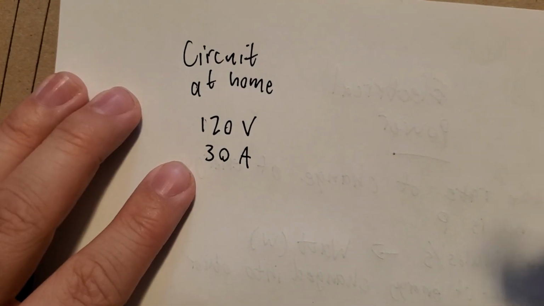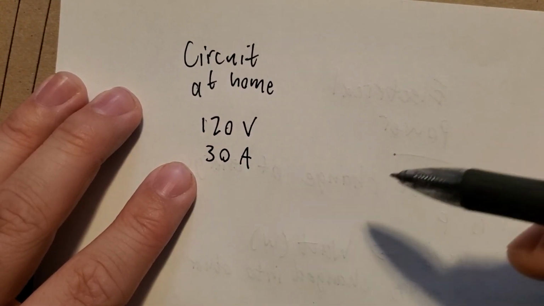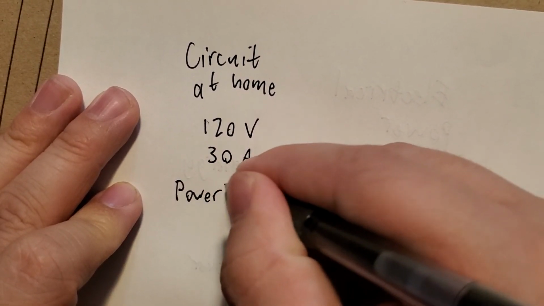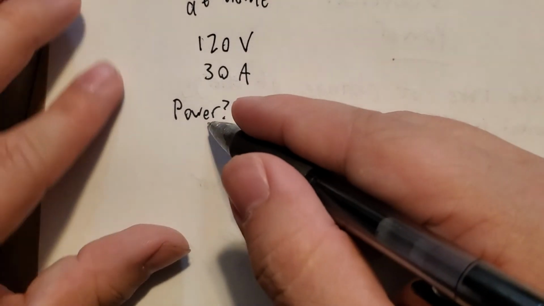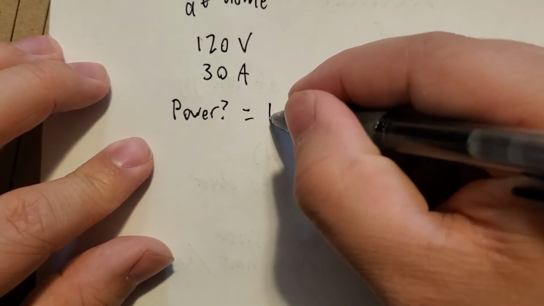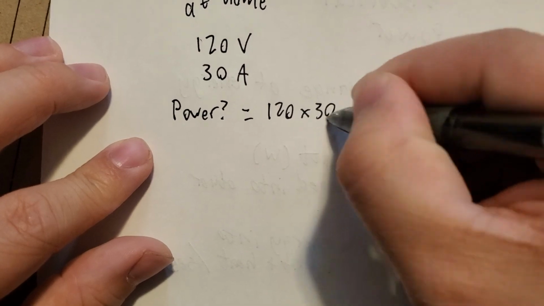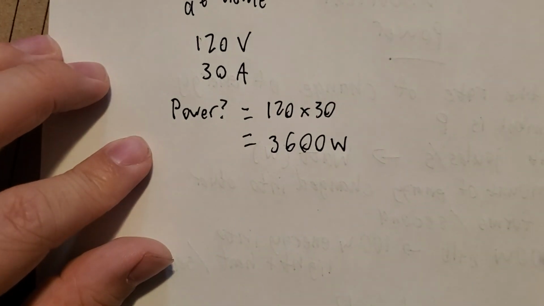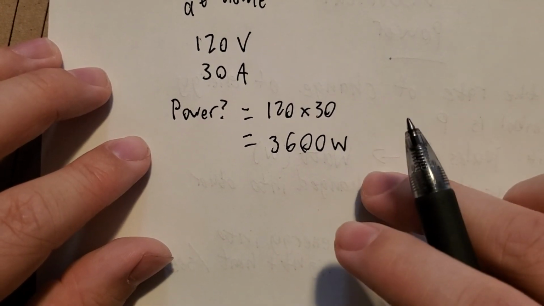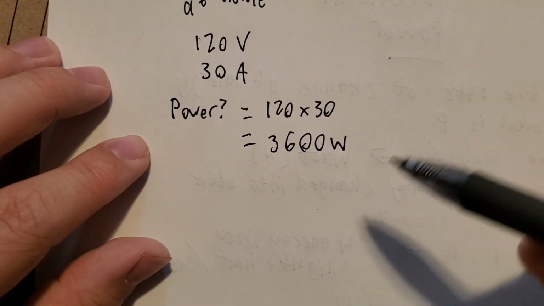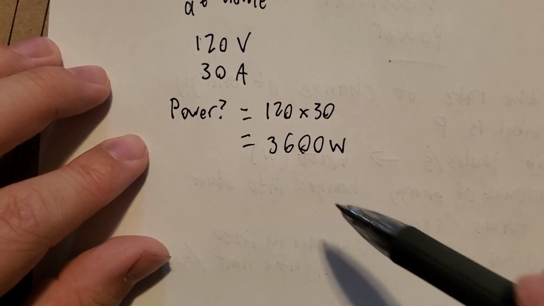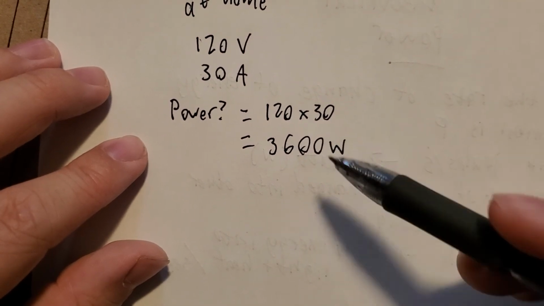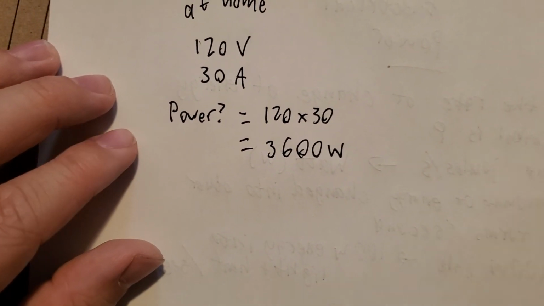That's a lot, but say I have 120 volts and 30 amps at home. What is the power? Well, the power would then be equal to 120 times 30, which equals 3,600 watts. It's very common for people to talk about a kilowatt because of how big these numbers get. It's easier to just write kW instead of all the extra zeros. But we're just going to stay with this. So, for example, we have 3,600 watts here.